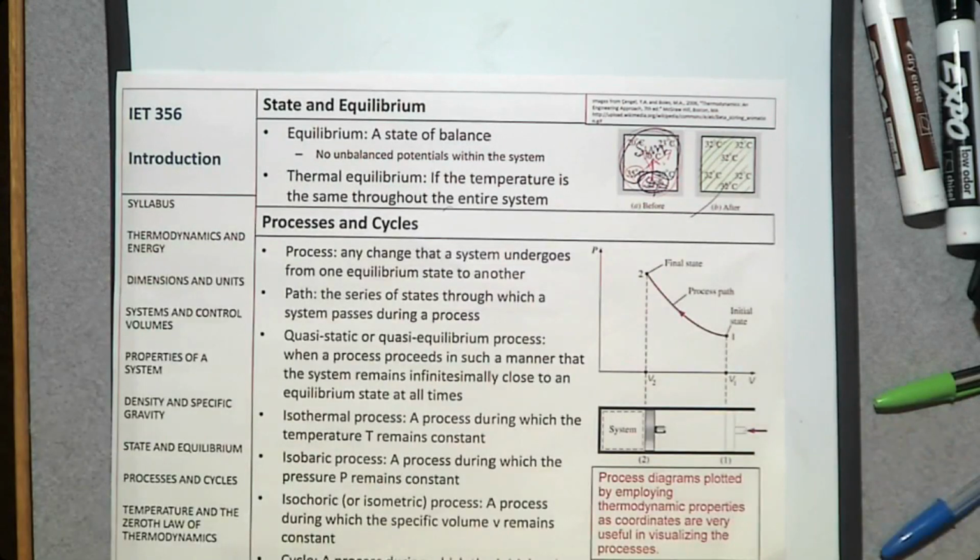Then processes and cycles. When you talk about heat transfer, let's talk about the simplest example. This is a hot coffee, and there's a heat transfer from this coffee to the surrounding air. Okay, that's one of the simplest cases.